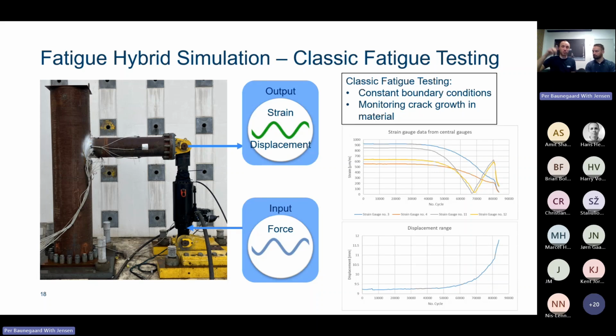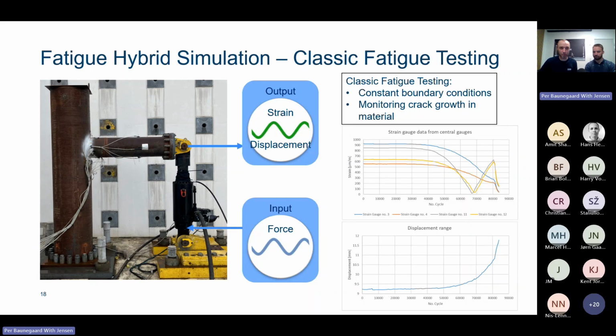The test ran in tension, so from a minimum force above zero to a maximum force somewhere above zero. We were pushing upwards with this black actuator. From the test, we were monitoring strain, measured from strain gauges located close to the hotspot where we're trying to induce the crack, and then displacement from the cylinder as it moved up and down.